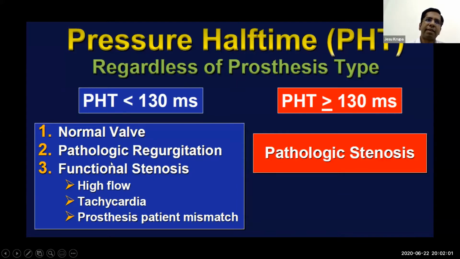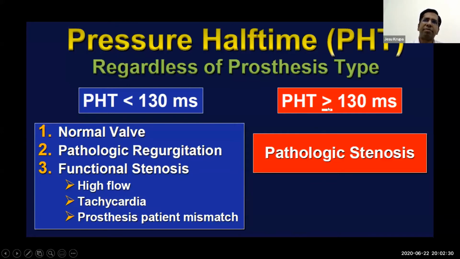High gradients can be seen in regurgitation, in high flow states, tachycardia, patient prosthesis mismatch, pathological stenosis. All these conditions can give rise to a high gradient, high velocity, high E-wave velocity. But the one thing that, in most cases, will separate whether it is a stenosis from other causes of high gradients is the pressure half time. So this slide is extremely important.